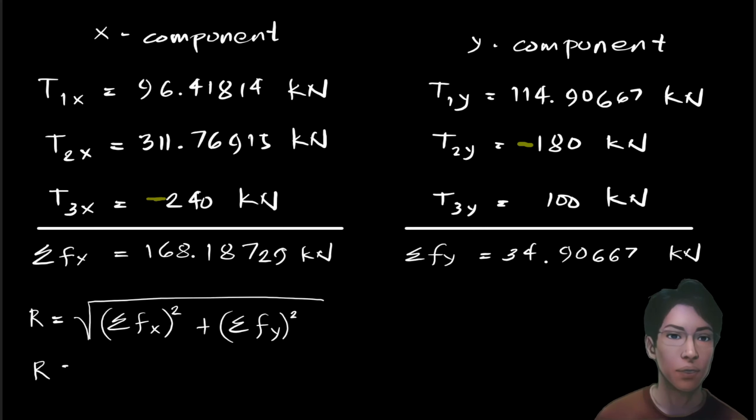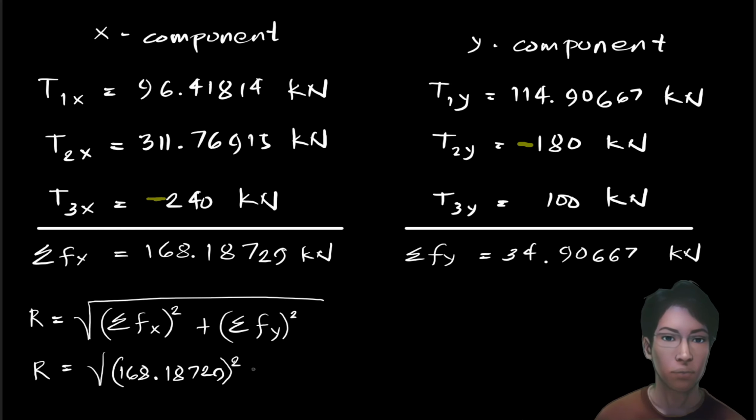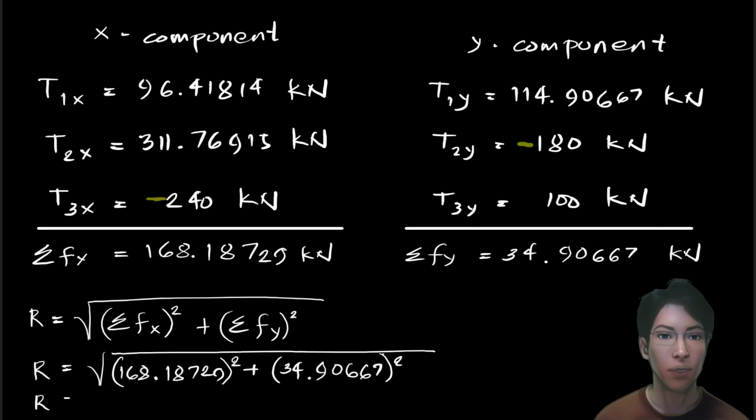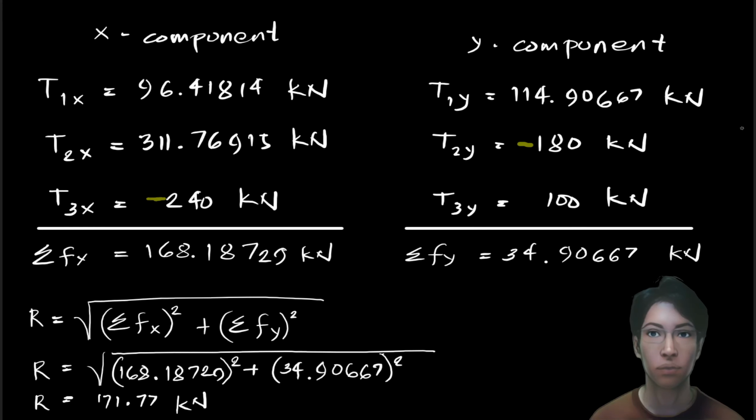And this is, and R is 171.77 kilonewton. And that is your resultant force.